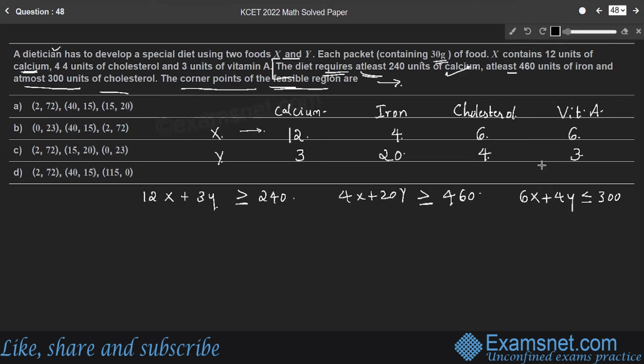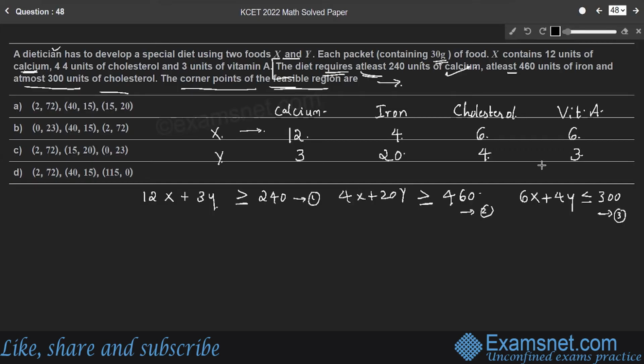We'll consider these equations as 1, 2, and 3. Solving 1 and 2, you will get values for x and y, which will be one of the corner points of the feasible region.